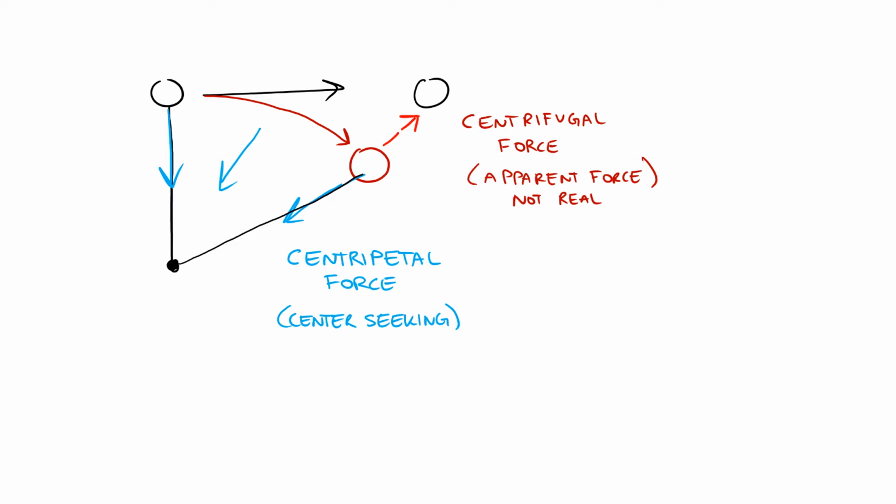And let's say we wanted to figure out if the centrifugal was real or not. So if I was to start rotating this thing, and let's say there was no centripetal force anymore, that's the blue one, what direction would the ball be going then?